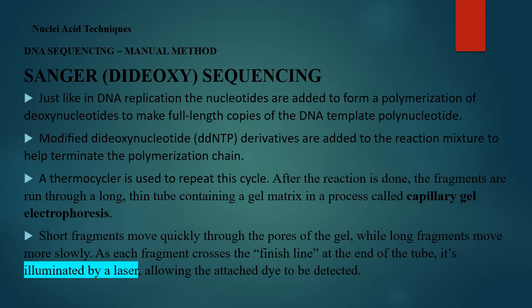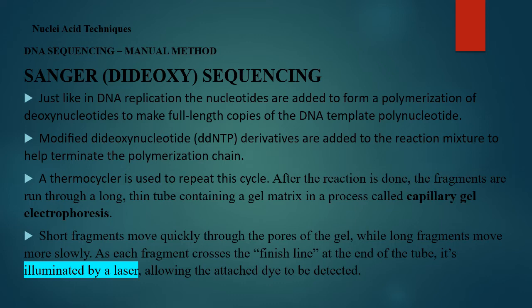So after the reaction is done, the fragments are run through a long, thin tube containing a gel matrix in a process called capillary gel electrophoresis. So you are doing electrophoresis, but this one is a capillary with a gel, and it's a long tube. So you run your fragments through this one.